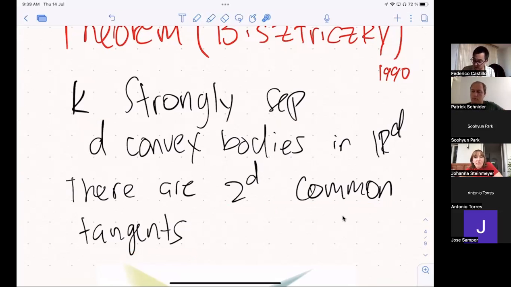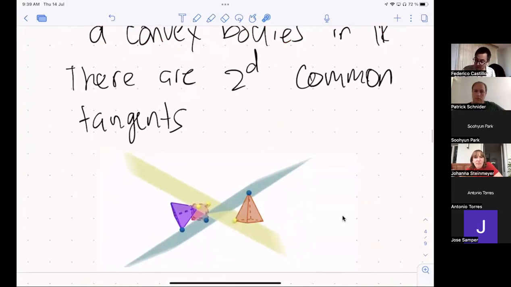Okay, if that's true, then there are 2 to the D common tangents, which is the generalization of the 4 tangents in dimension 2. In the case of the polytopes here, you can think, well, there are 2 that put all of them on the same side. But then there are 6 more depending on which one they isolate. So in this case, there are 2 more that isolate this one versus the other 2. So there are 2 tangent hyperplanes, the blue and this one, that are tangent to all of them.